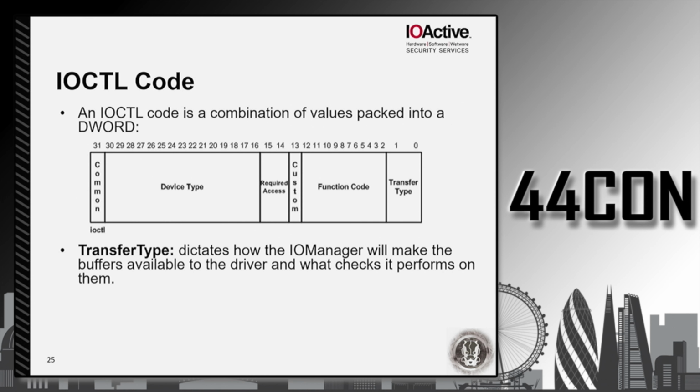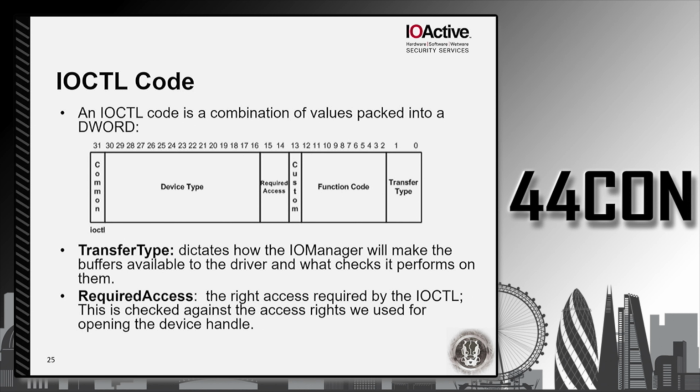The interesting fields are the transfer type, which again indicates what kind of data transfer we are using, and the required access, which dictates what permissions your handle needs in order to issue that I/O control.